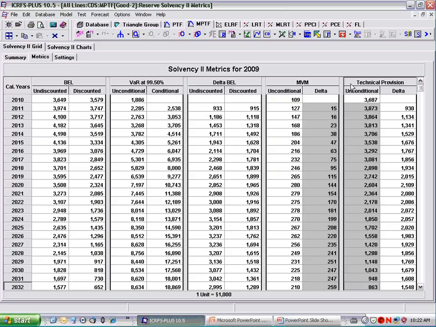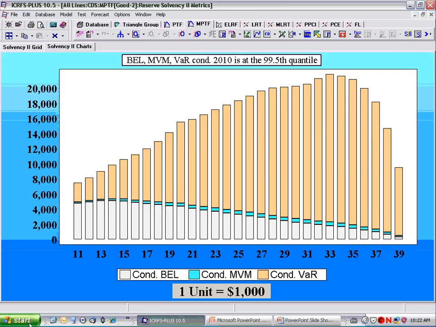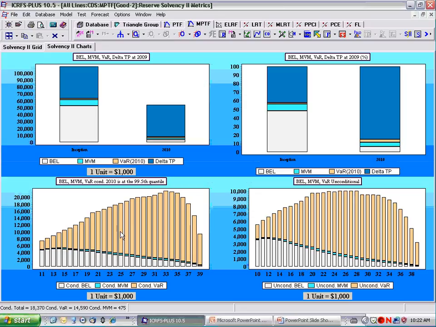So let's go back to the technical provisions in the graphs. Well, it's a bit hard to tell the difference in the graphs between the unconditional and, sorry, these are the conditional VARs, MVMs, and BELs.